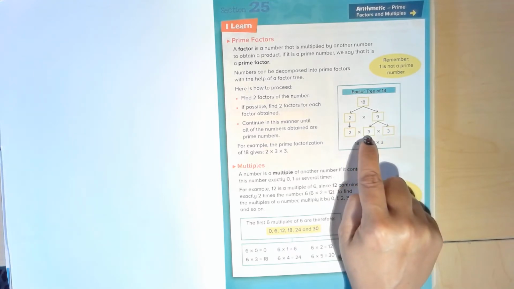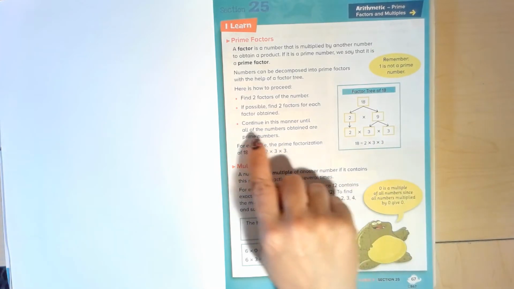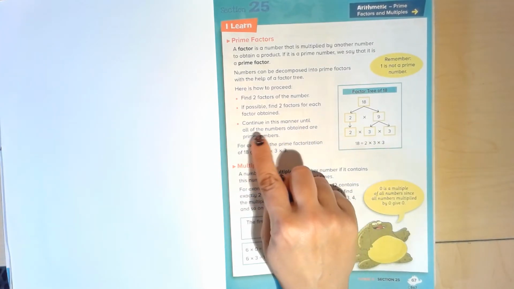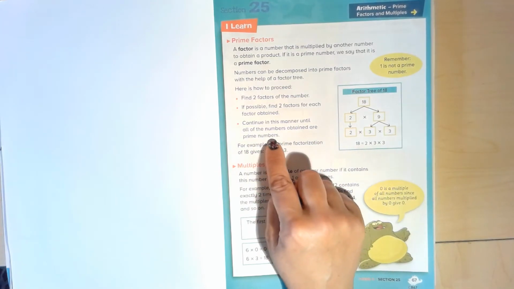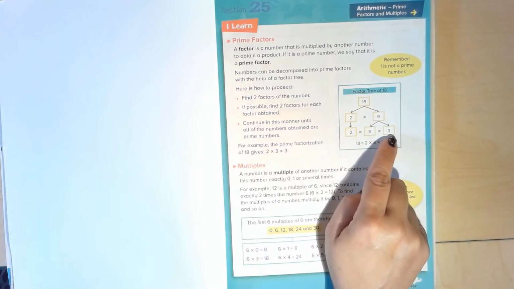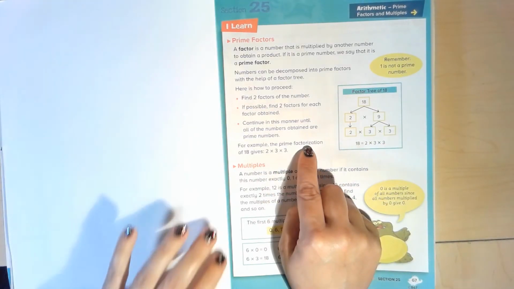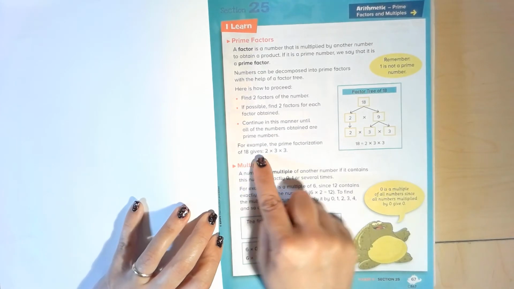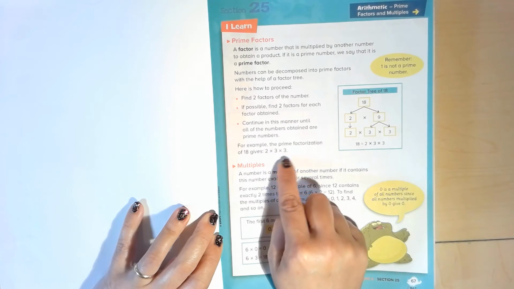Yes. 3 times 3 equals 9. You need to continue in this manner until all of the numbers obtained are prime numbers. 2, 3, and 3 are all prime numbers. So, the prime factorization of 18 gives us 2 times 3 times 3.